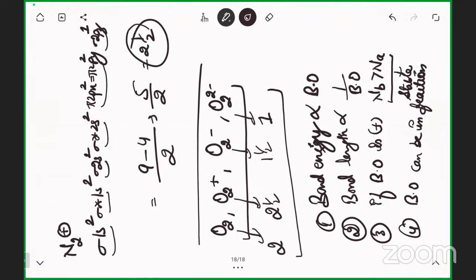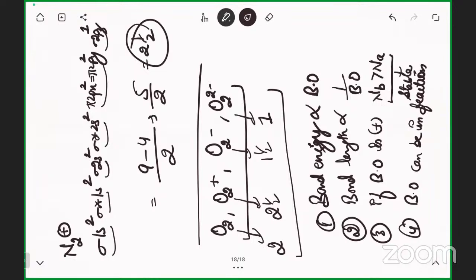Now tell me, in case of O2, O2 positive, O2 containing one negative charge and O2 containing two negative charges, in all of these four species, which one will have more bond energy?